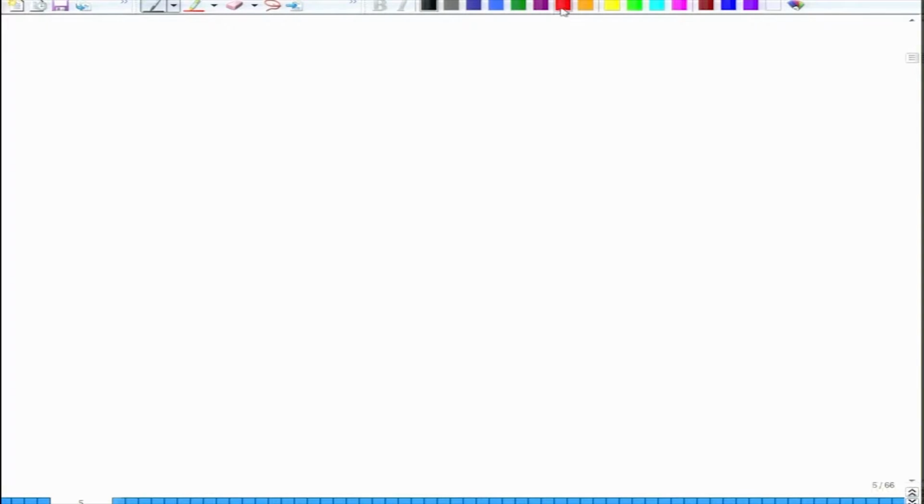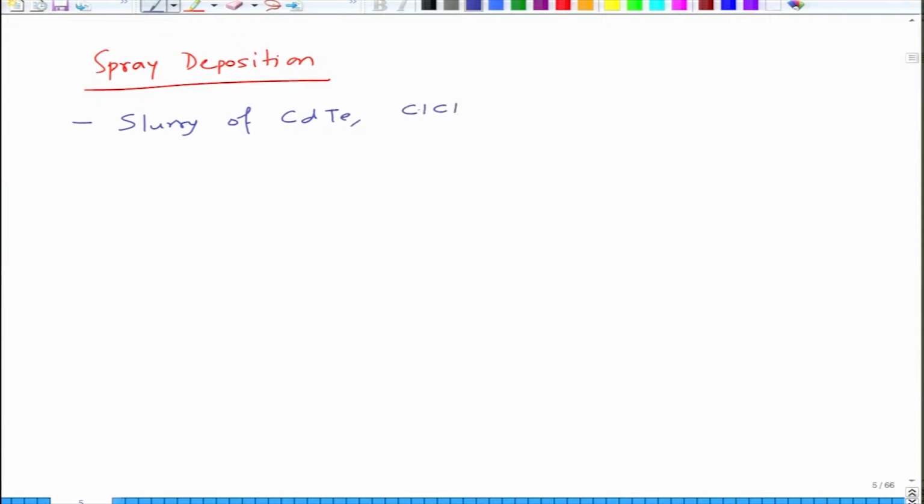The processing of CdTe can also be done by spray deposition. This spray deposition process uses a slurry of CdTe, CdCl2 and a carrier, typically propylene glycol.